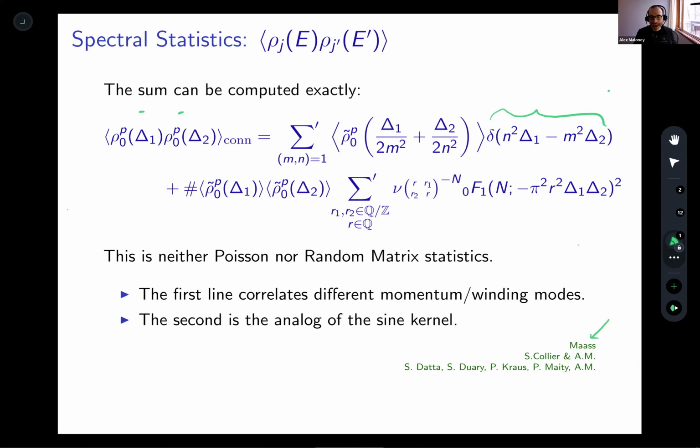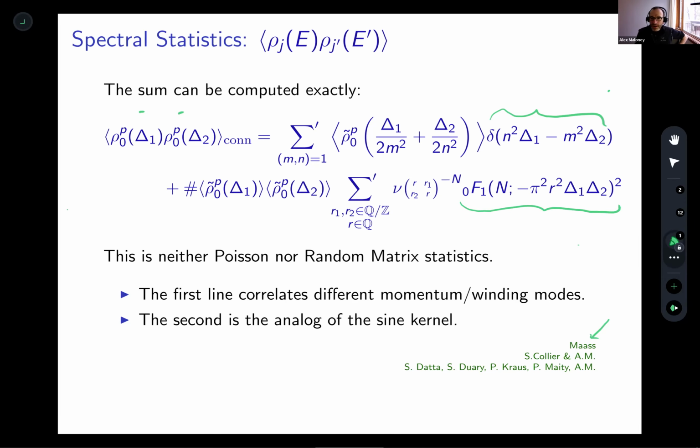And so if you have a primary state of one dimension, then you're assured of having a primary state of another dimension that's a rational multiple of this. So that's where that delta function is coming in. That's not the interesting part. The interesting part is the stuff that's not a delta function.